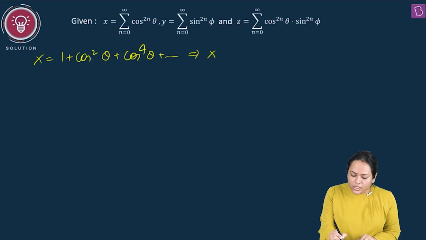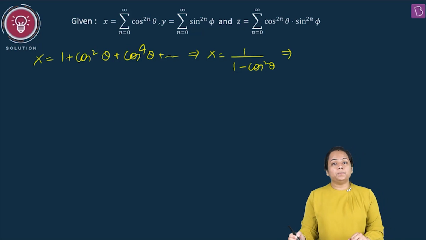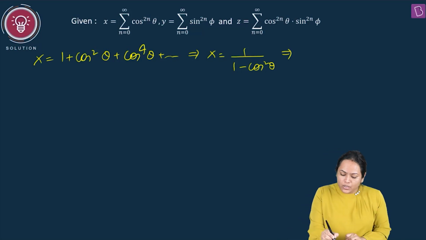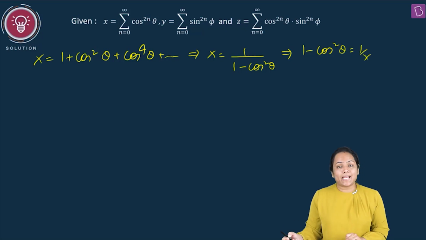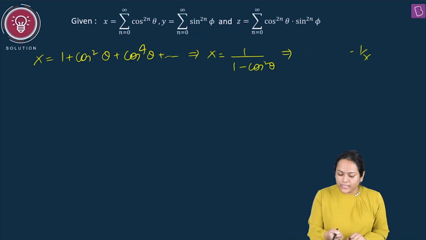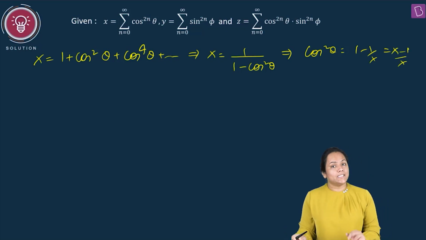The summation of GP till infinity is A, that is 1 upon 1 minus R. R is cos square theta. So from here, I'm going to find 1 minus cos square theta is equal to 1 by x. That means my cos square theta value is going to become 1 minus 1 by x, or (x minus 1) by x.